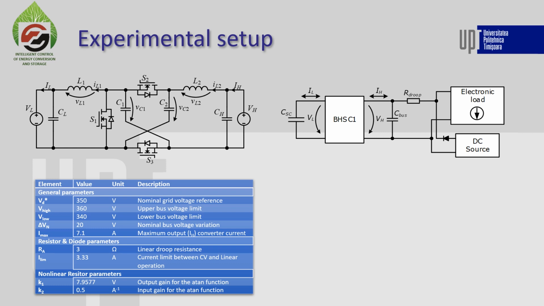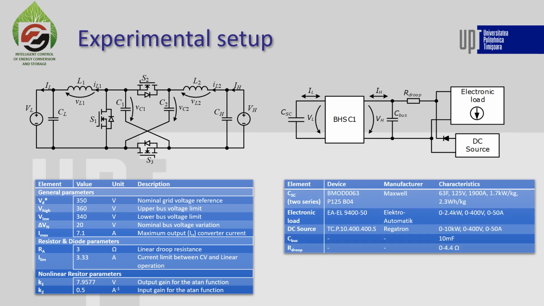The purpose of the droop resistor and the parallel combination of the source and electronic load is to emulate a conventional droop controlled grid, and the real resistor is used for the grid side in order to reduce the complexity of the test setup, while the nonlinear resistors are programmed in the microcontroller, of course.